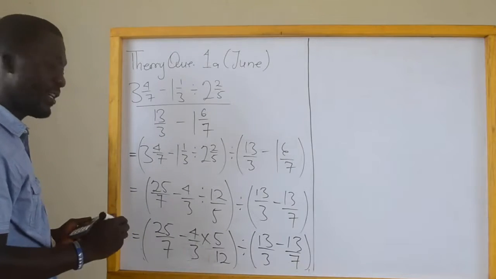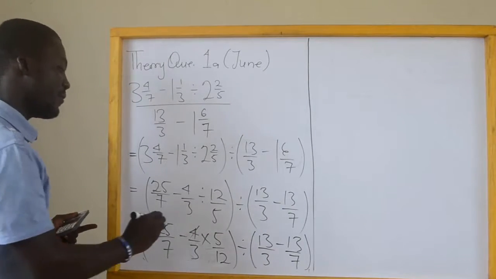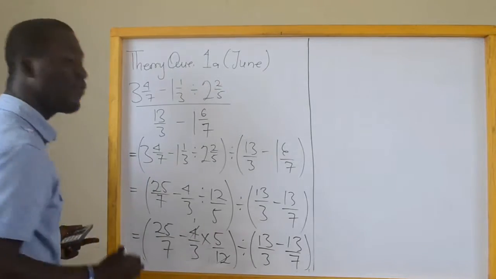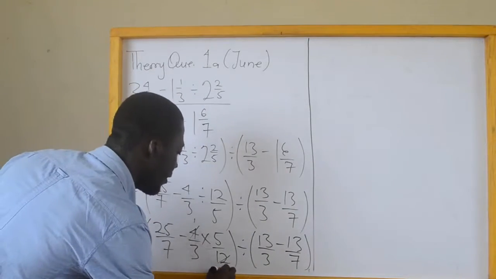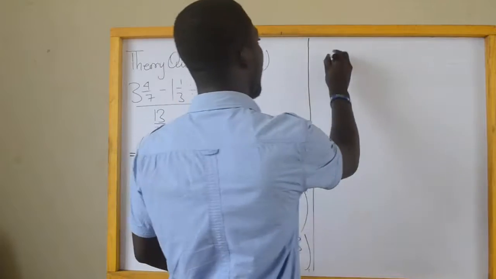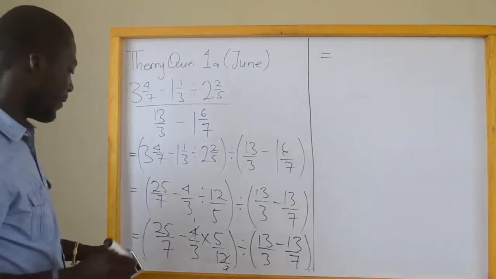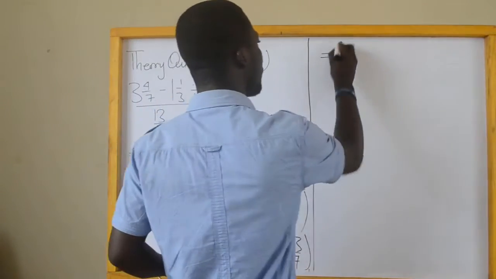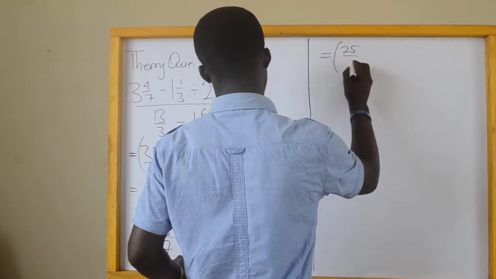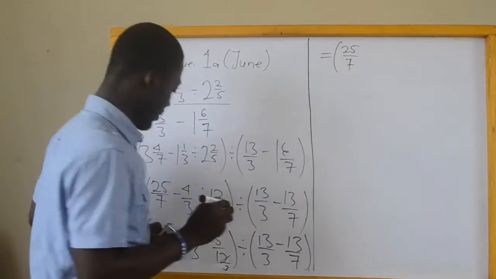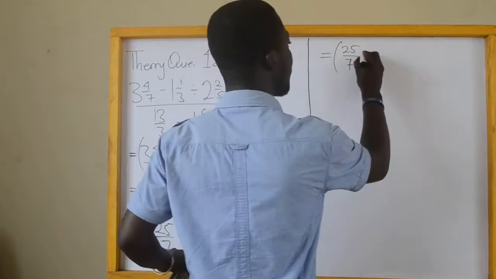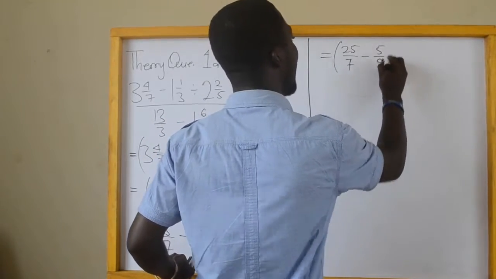Let's do some cancellations here. 4 goes into itself once, 4 goes into 12, 3. So it will be simplified to 25/7 minus 5/9.